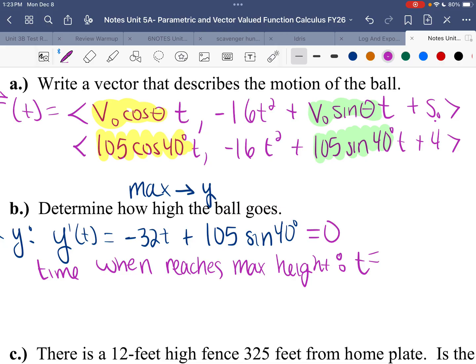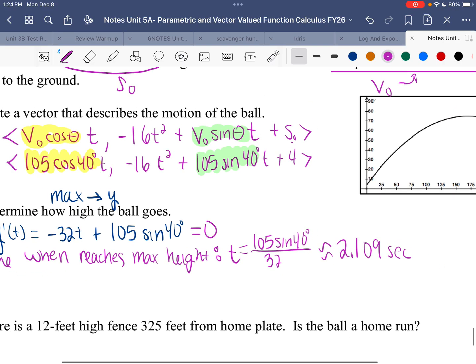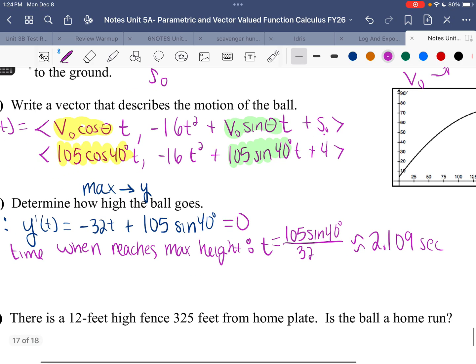Subtract, divide by negative 32. Seconds. So the maximum happened around 2.1 seconds, which is the time when it reached the max height.